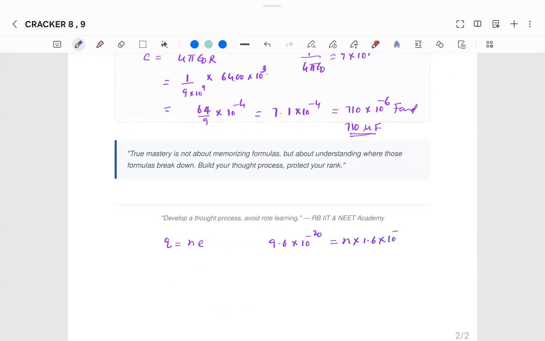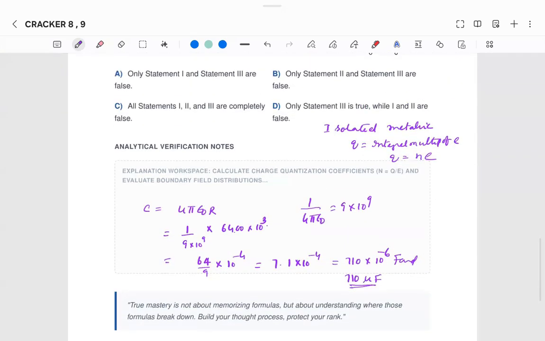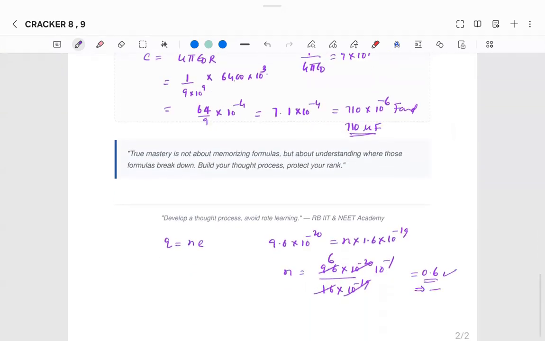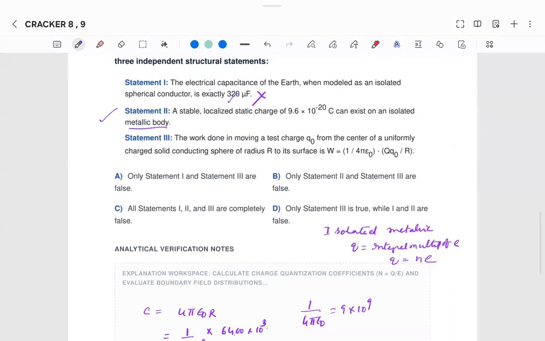Electron charge is 1.6 into 10 power minus 19 coulombs. So here N is a fraction, but N must be an integer, which is a contradiction. Such a charge does not exist on an isolated metallic body. Second statement is also a wrong statement.